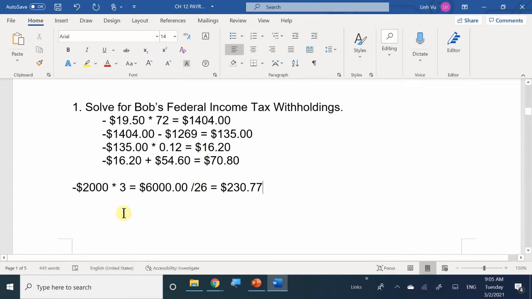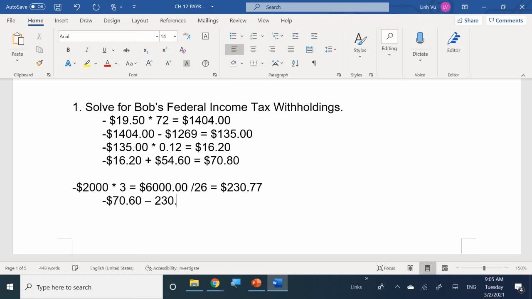So if it falls below 0, in this case, our amount here is going to be the 70.60 minus the $230.77. We get a negative number, correct?